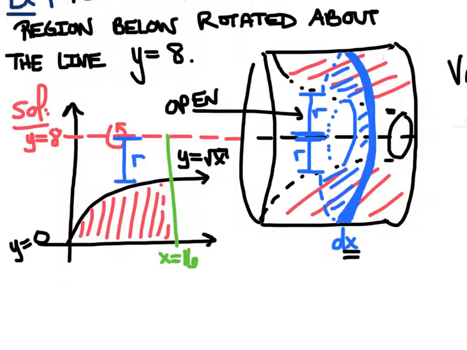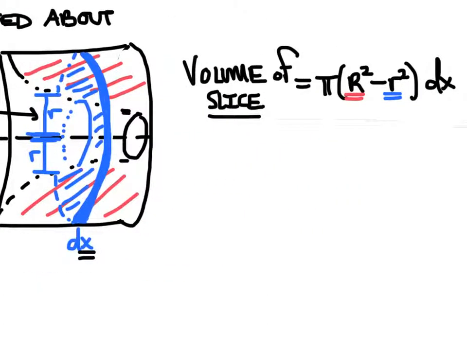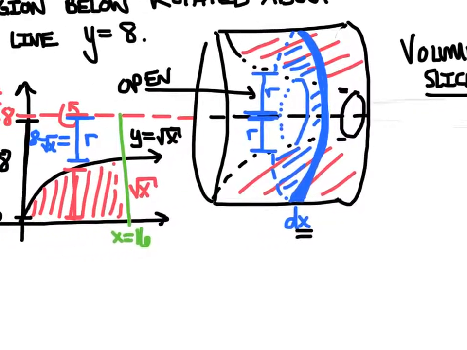From the graph, we know that the distance from the x-axis up to this curve is the square root of x, and the whole distance to the top is 8. So little r would be 8 minus the square root of x. We'll bring that back to plug in for little r in the volume of our slice.